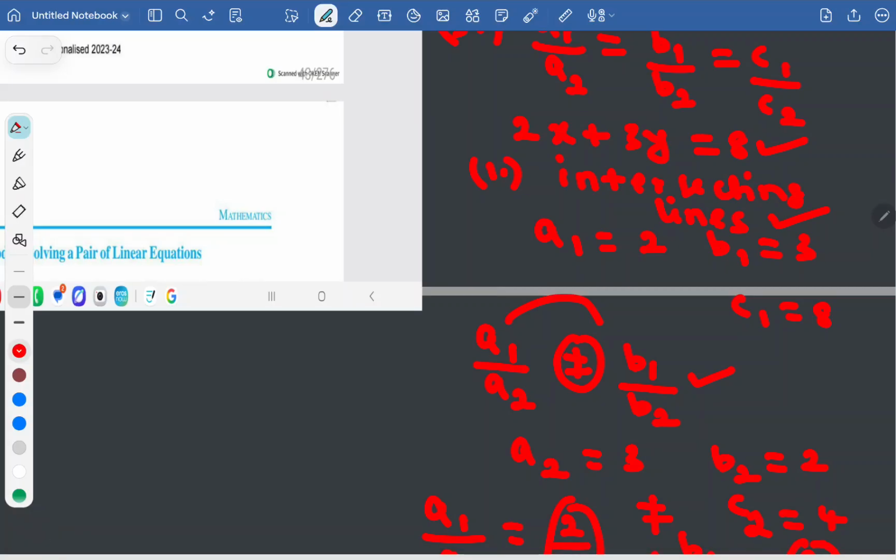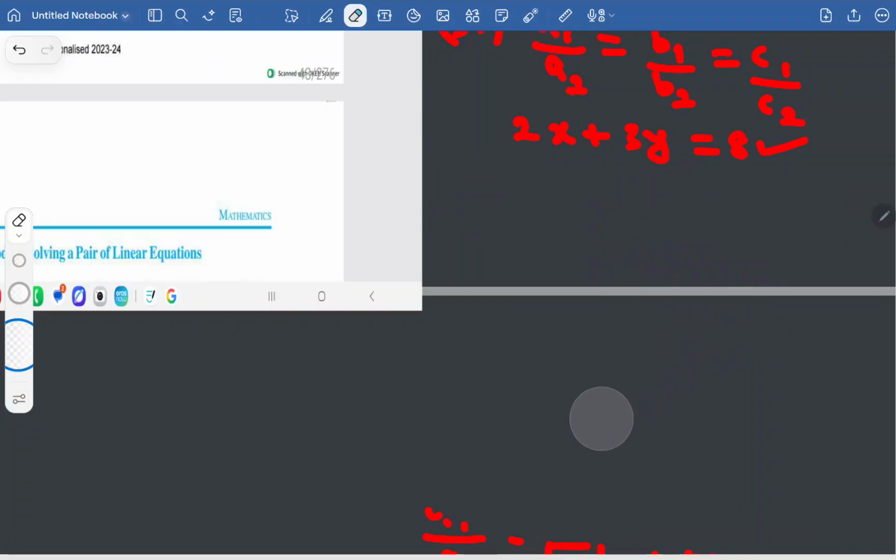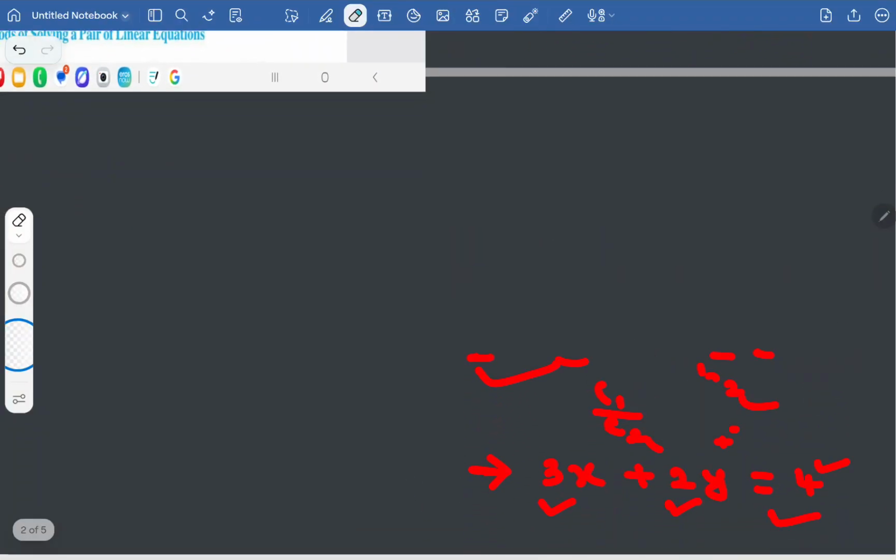In the same way we have to construct for parallel lines, and the same way we have to construct for coincident lines. What about the parallel lines? The condition: A1 by A2 equal to B1 by B2 but not equal to C1 by C2.